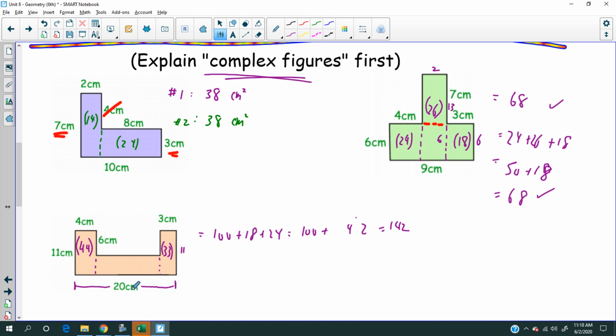So here, if this whole thing is 20, this is 4, this is 3, I'm not doing anything crazy here, right? What's the rest that's here? So this is 20, take away 4, that's 16. Take away 3, so that's 13. So this guy's 13, right? Let me clear that up a little bit.